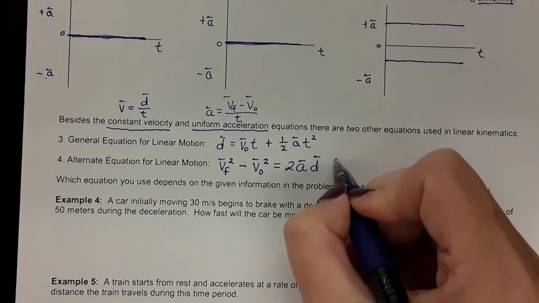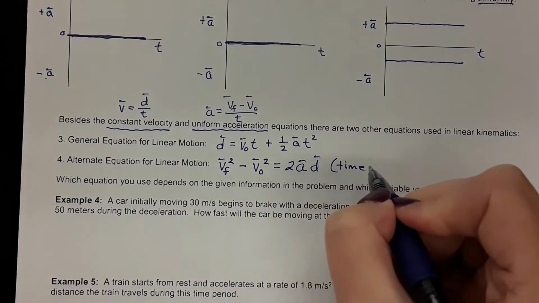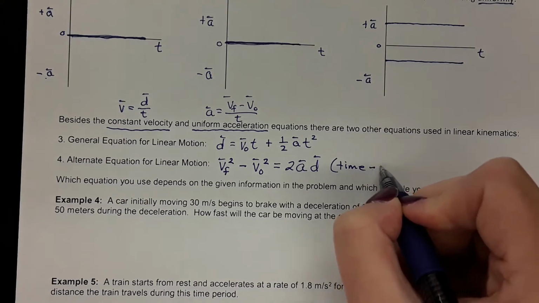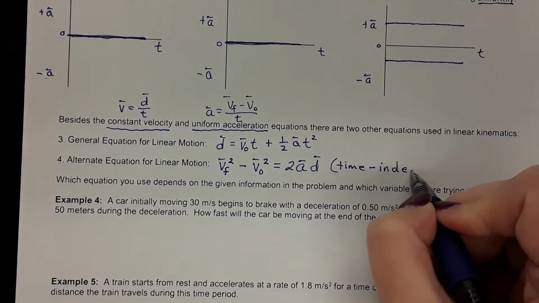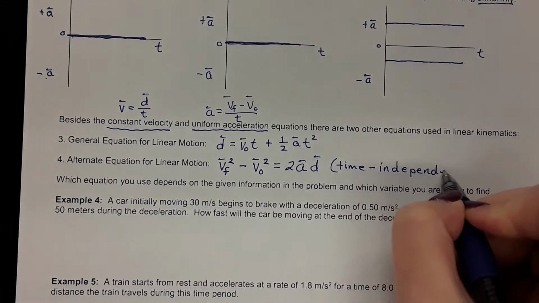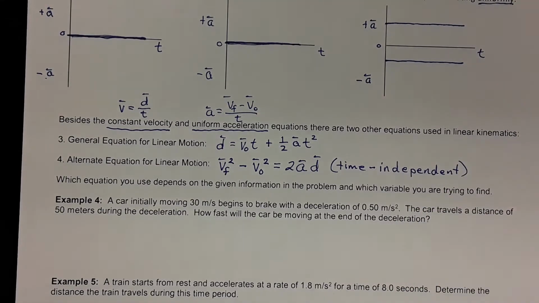We call this the alternate equation. It's your alternative when the time is unknown. It is time independent. You don't need to know the time in order to use it. Now, all four of these expressions work together to help you solve objects moving in a straight line.